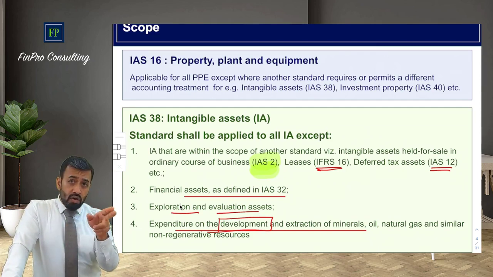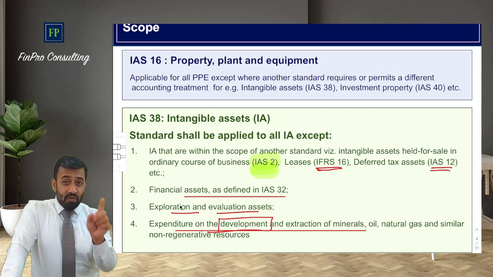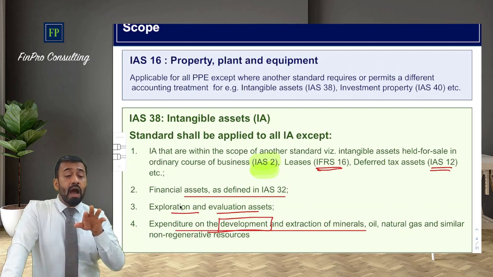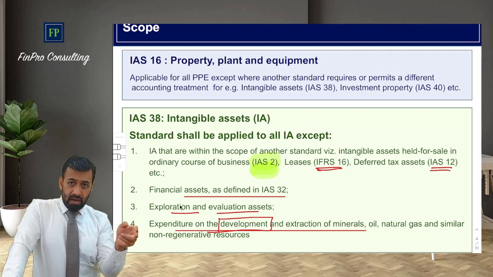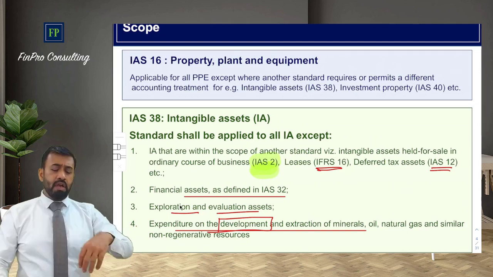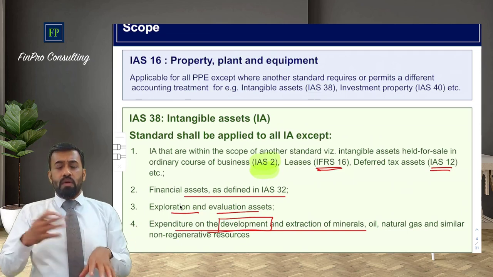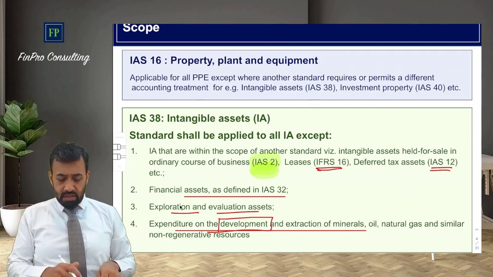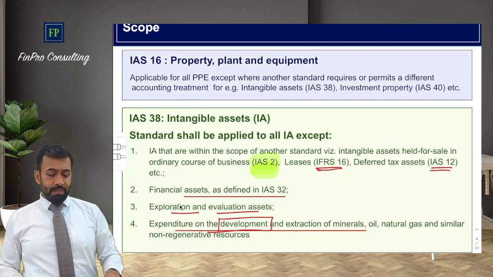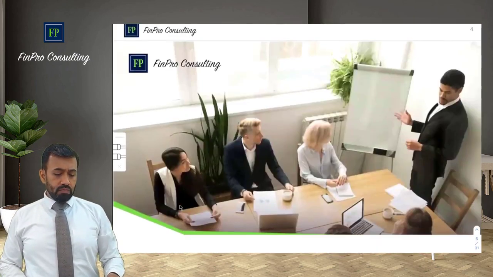But then you have to consider IAS 8, which says second in line, apply similar standard dealing with similar line items. So intangible items. So the principles of IAS 38 will be applied here, but not directly per se. It has been specifically excluded.